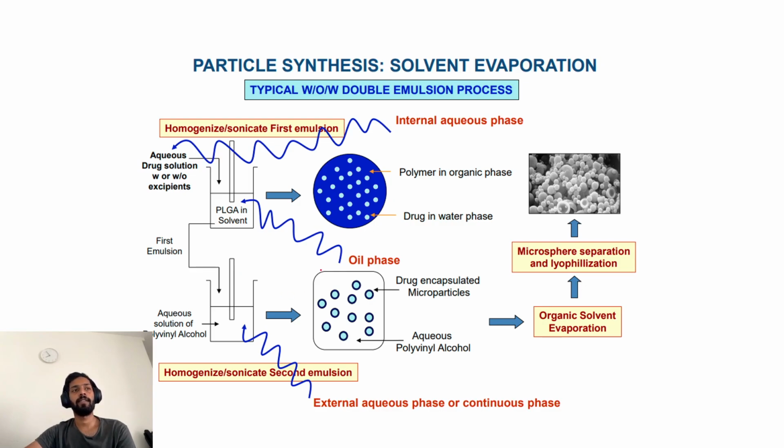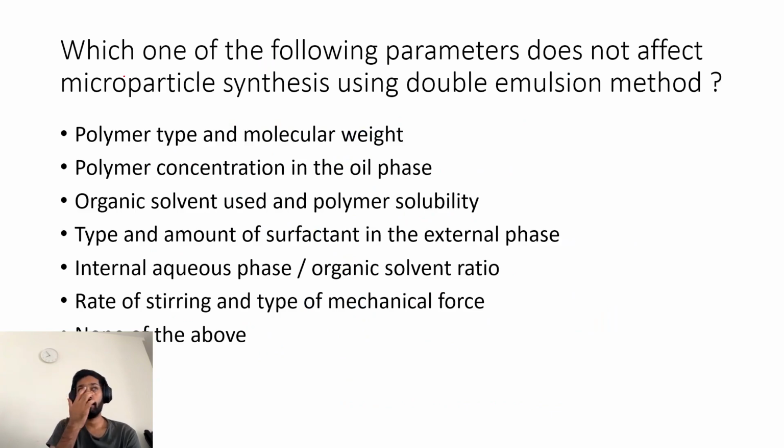The solvent will evaporate, leaving you with your microparticles, which are basically oil phase that contain your aqueous phase drugs. So your aqueous phase drug is inside, surrounded by this oil phase PLGA or whatever it is, right? So that's the double emulsion process. And they're asking what are the factors that do not affect this process?